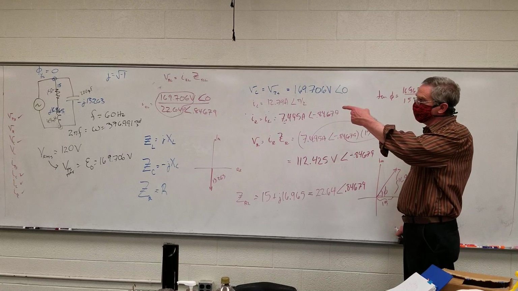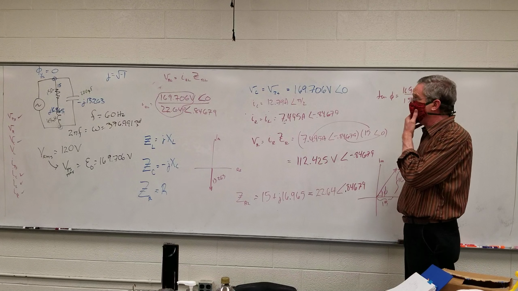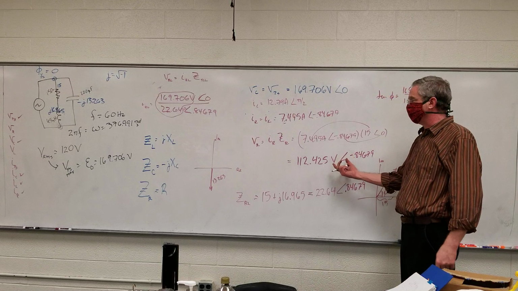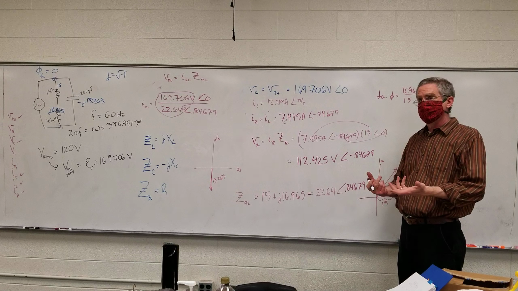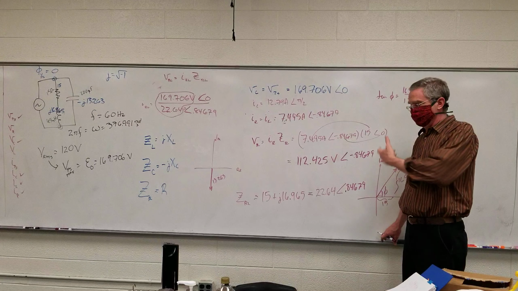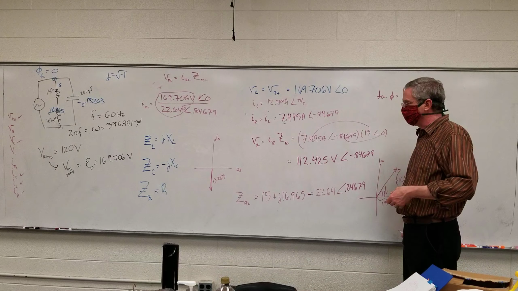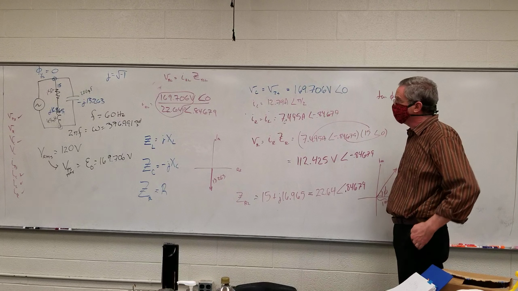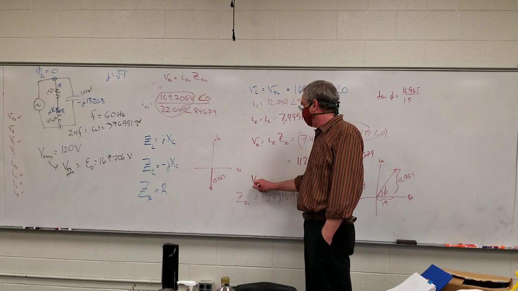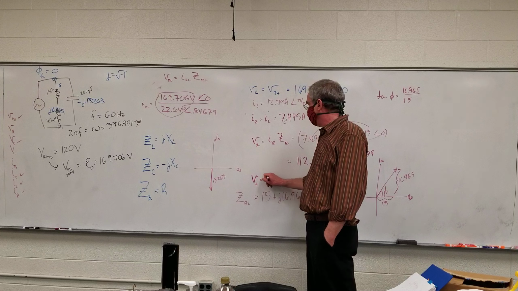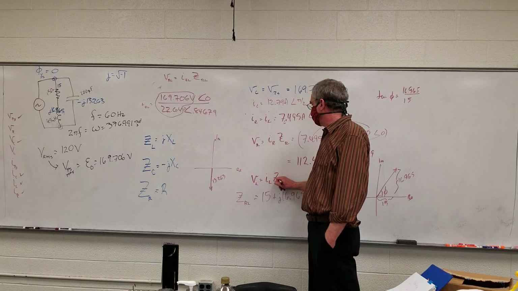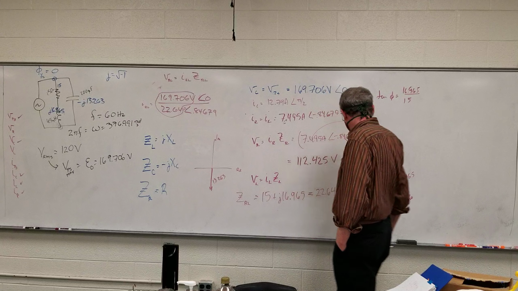And then the voltage across the inductor, now we could do it two different ways. I know what the total voltage is, I know what it is for the resistance, so I could subtract. But subtracting polar form is not particularly the simplest thing, so let's do it the easier way. VL is equal to IL times ZL.